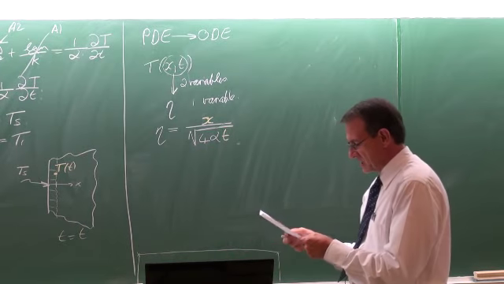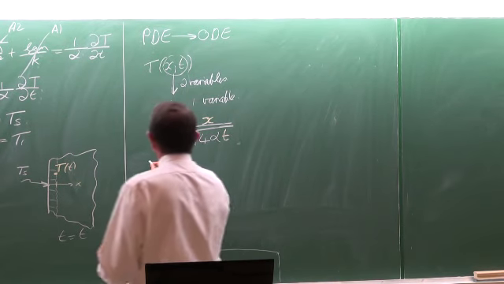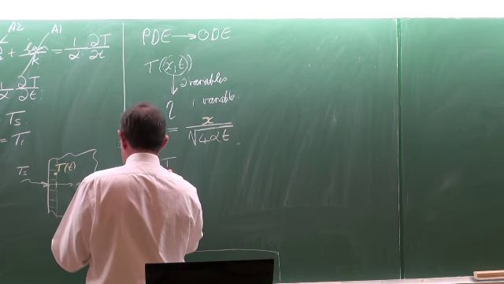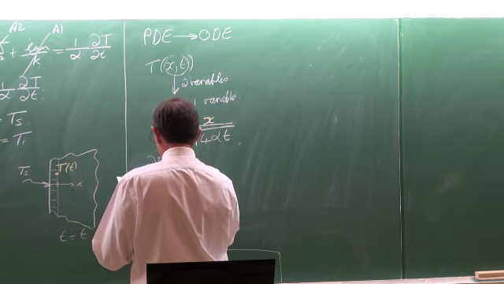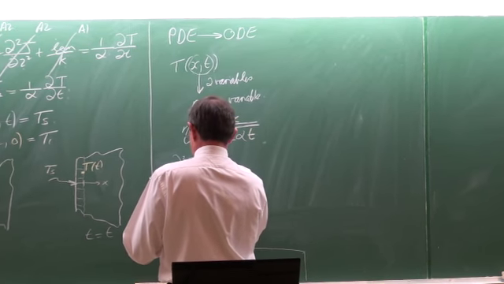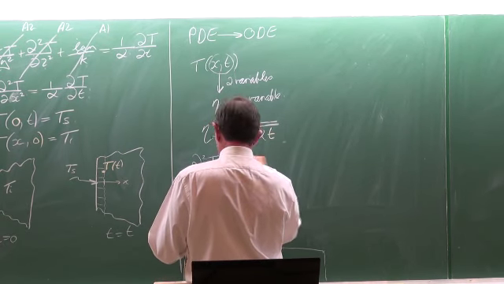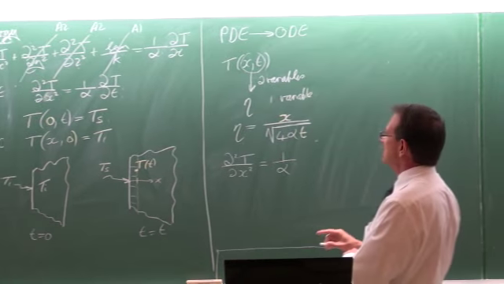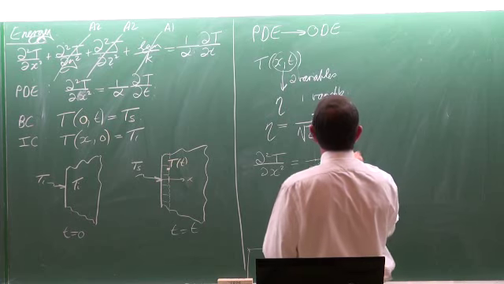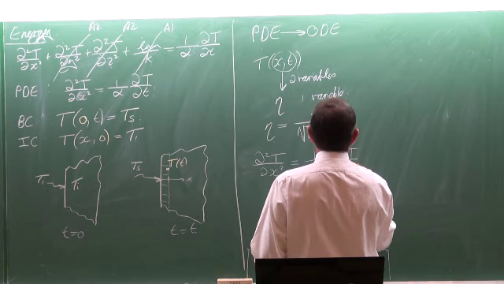Now if we use this eta and we say d2T/dx squared in terms of the chain rule, or let's just write down the equation first. That equation, partial d2T/dx squared, is equal to 1 divided by alpha times dT/dt.